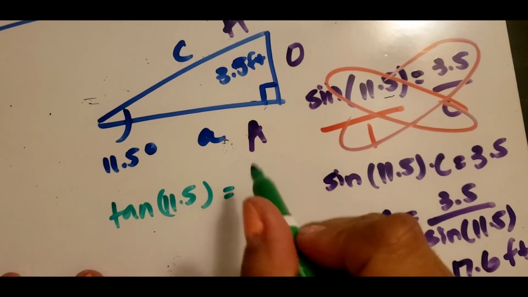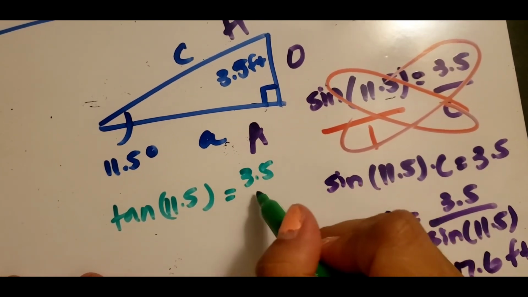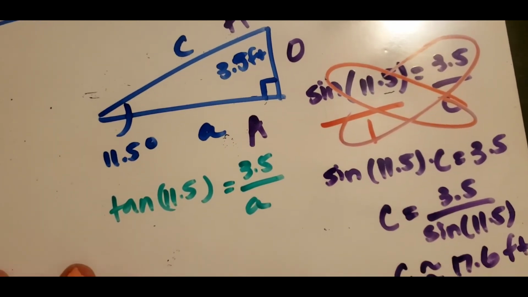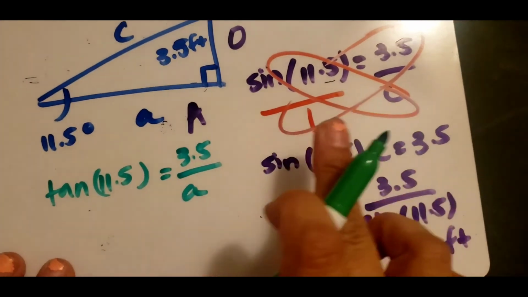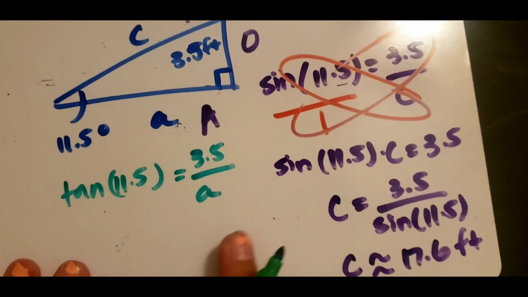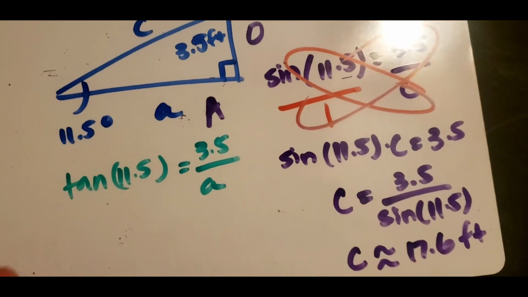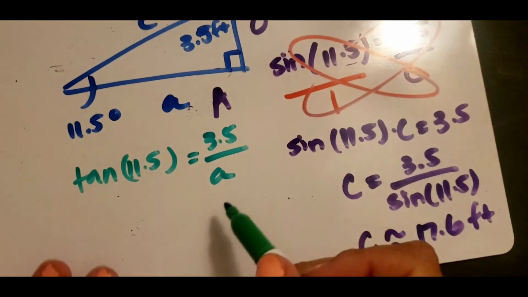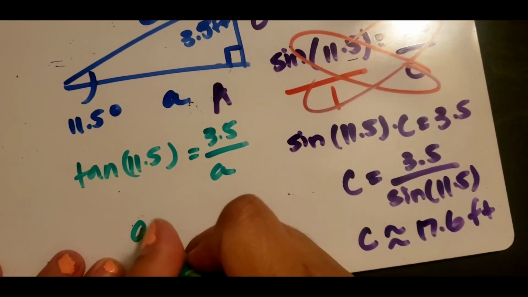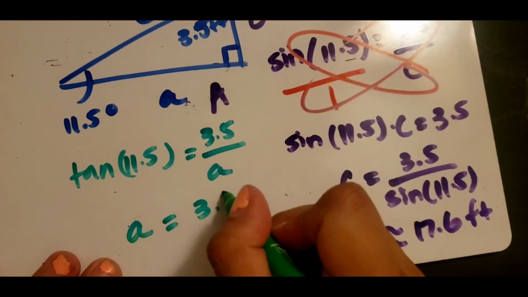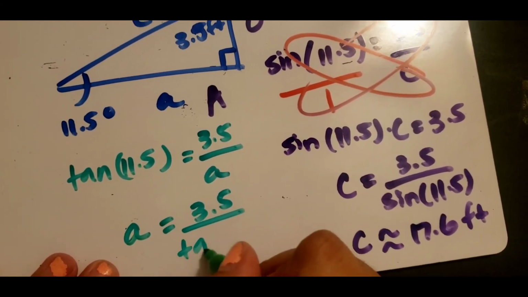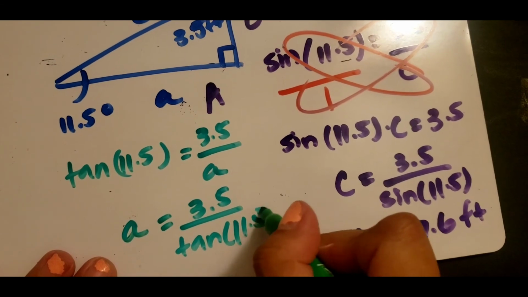So that's opposite 3.5 over adjacent. Now you remember you're going to cross multiply, so eventually some of you will know the trick. By now you realize I can switch these two. So I'm going to end up with A equals 3.5 over tangent 11.5.